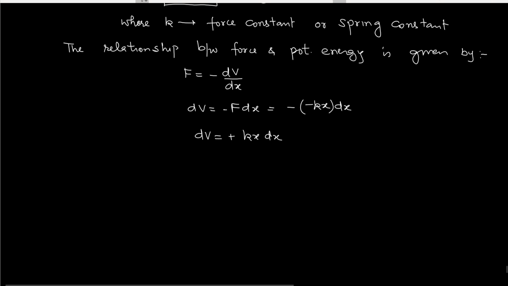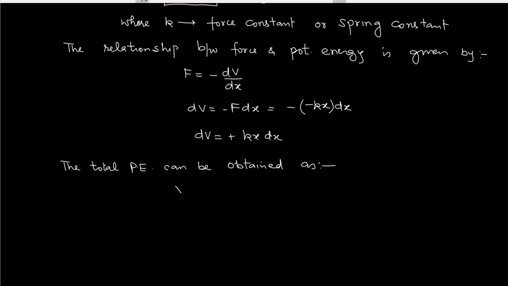So the total potential energy can be obtained as the integration of the small potential energy dV, from 0 to x, kx dx.